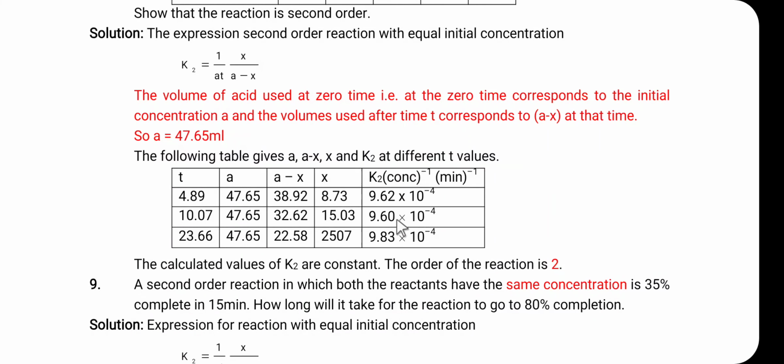When we consider all these K2 values, we observe that all the values are constant, that is 9.62 into 10 raised to minus 4, 9.60 into 10 raised to minus 4, 9.83 into 10 raised to minus 4. The calculated values of K2 are constant. So, here the order of reaction is 2.